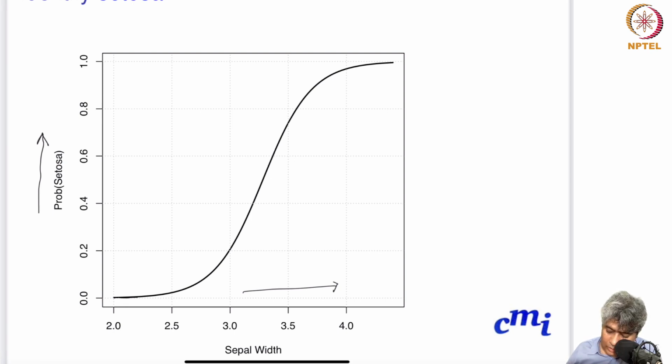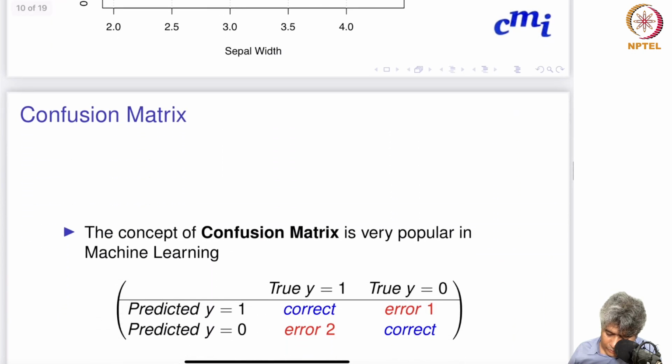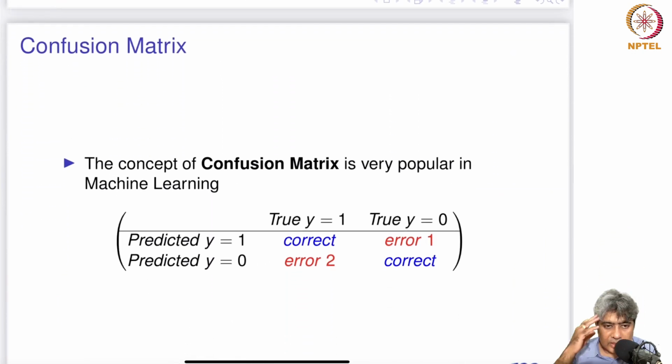Next major thing is called the confusion matrix. The concept of the confusion matrix is very popular in machine learning. You do an out-of-sample test, and you see the true y equal to 1 means it is setosa, and y equal to 0, and the predicted y equal to 1 and y equal to 0.